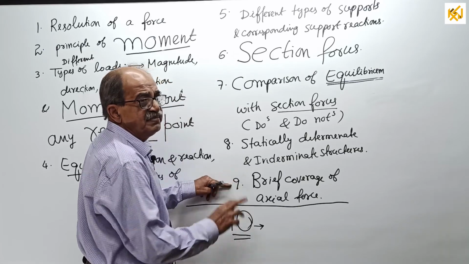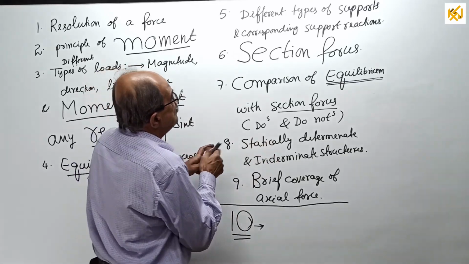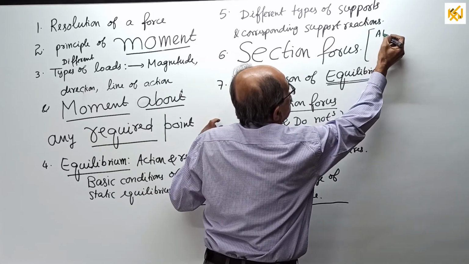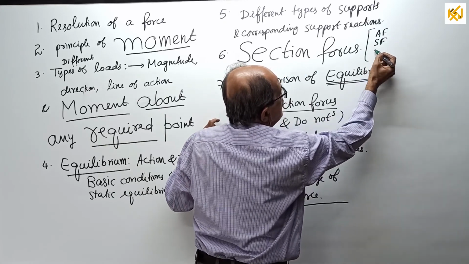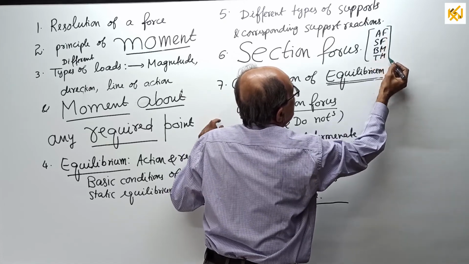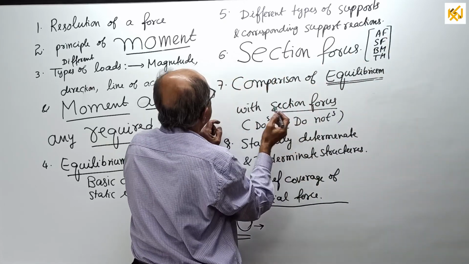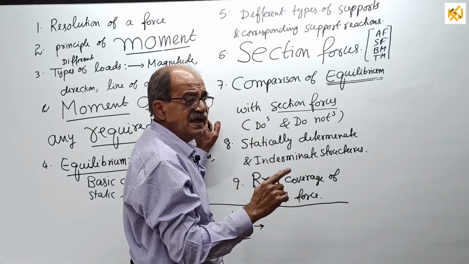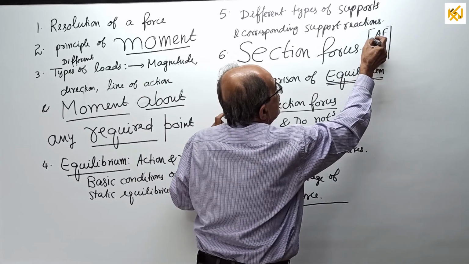Ninth one. See, section forces are, I will write here, axial force, shear force, bending moment and torsional or twisting moment, correct. Our course, that is SFD and BMD, mainly SF and BM, is this one.